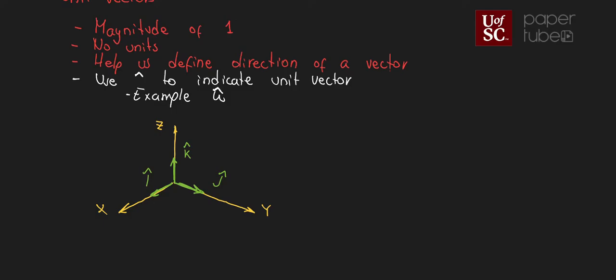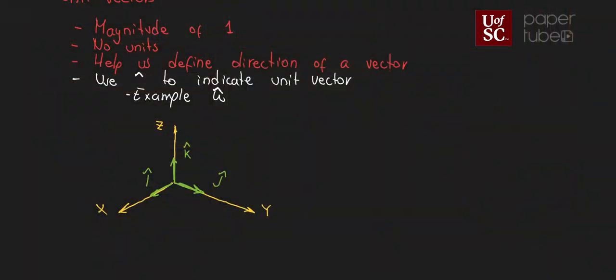Okay, so we've looked at vector decomposition and unit vectors, and let's put these two things together to be able to express a vector in Cartesian vector form. And that's basically using those unit vectors i, j, and k. So let me go here to my next page.